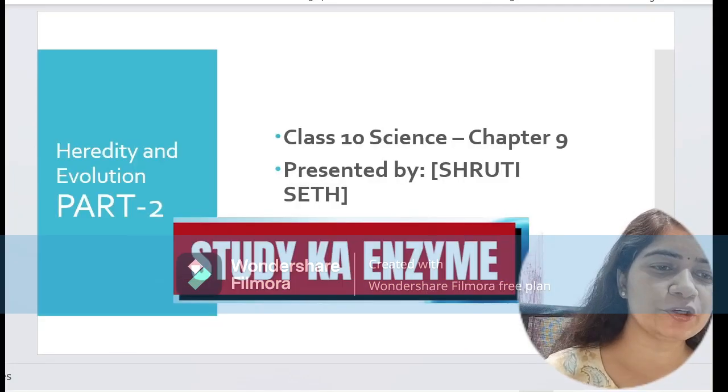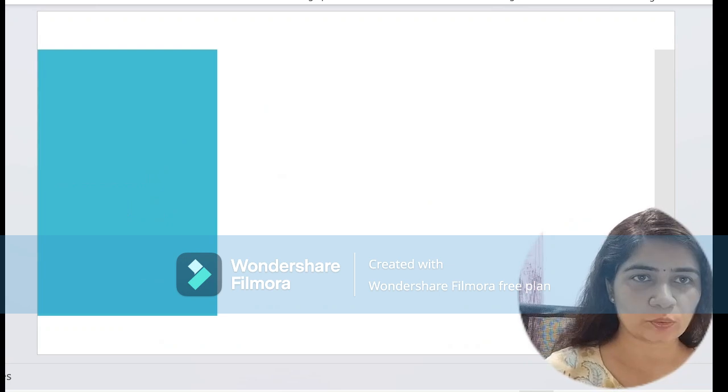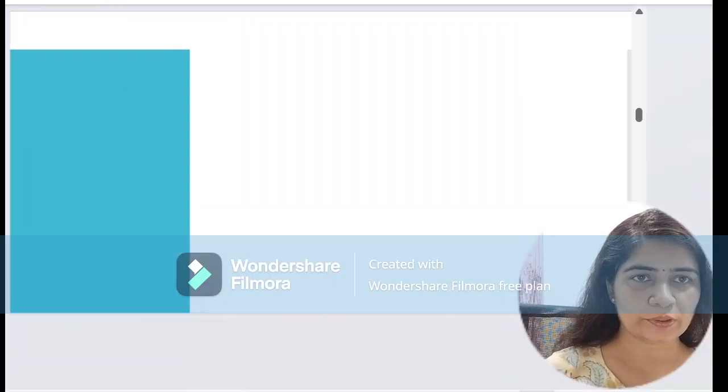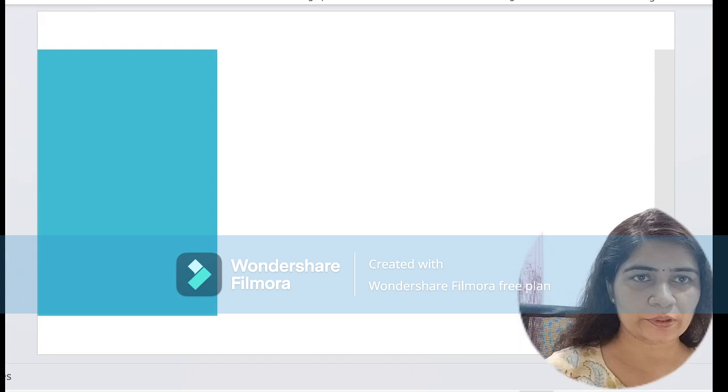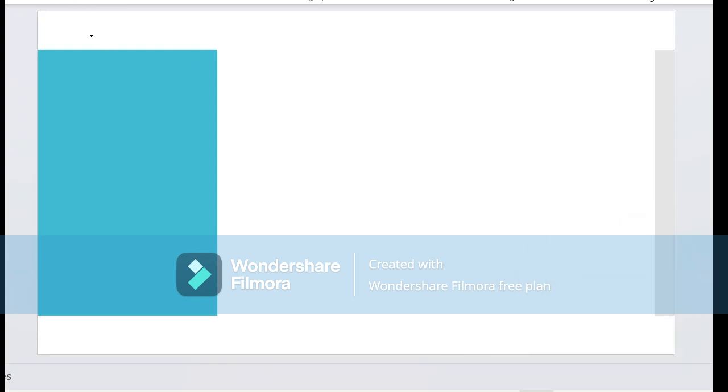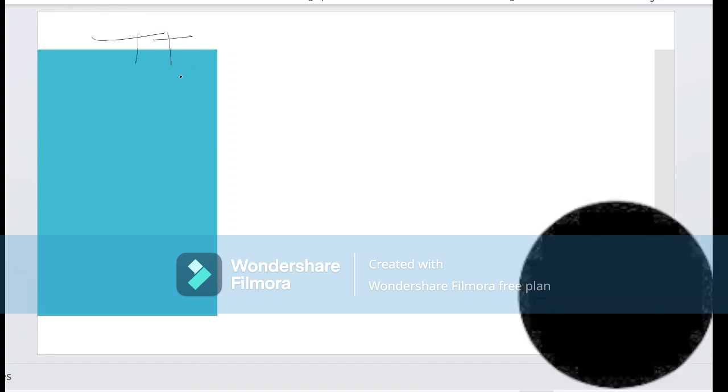When we talk about only one gene, for example, tall and dwarf, when I take two pea plants and cross one tall pea plant with another dwarf pea plant, such a cross will be called a monohybrid cross, as you can see on the screen as well. A tall plant, homozygous tall, crossed with a homozygous dwarf plant. Similarly, these crosses can also be between round and wrinkled plants.